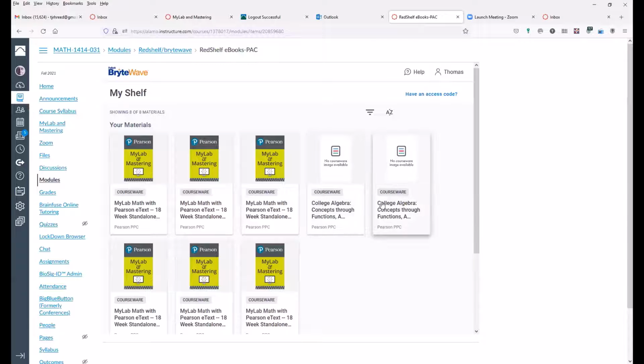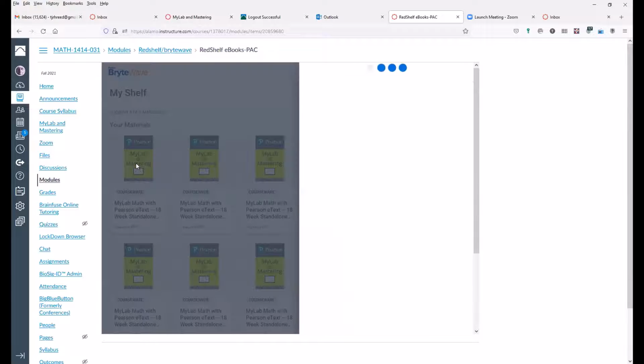And so it's also college algebra, but it's a 1314, so they use a different version of this book. That's why it looks different than this one does. But when you pull this up, only one of these shows up, and that's the one for this class.